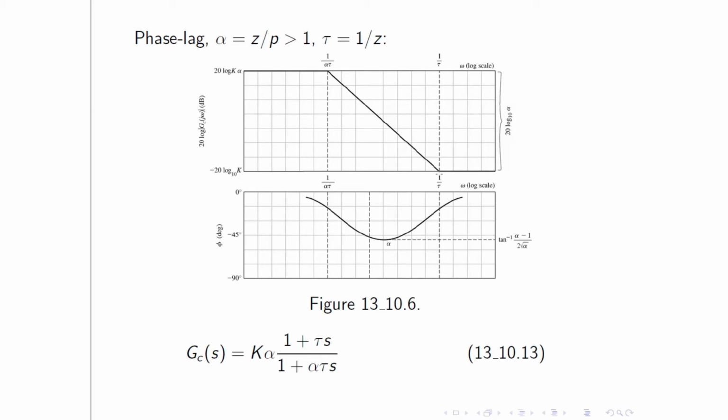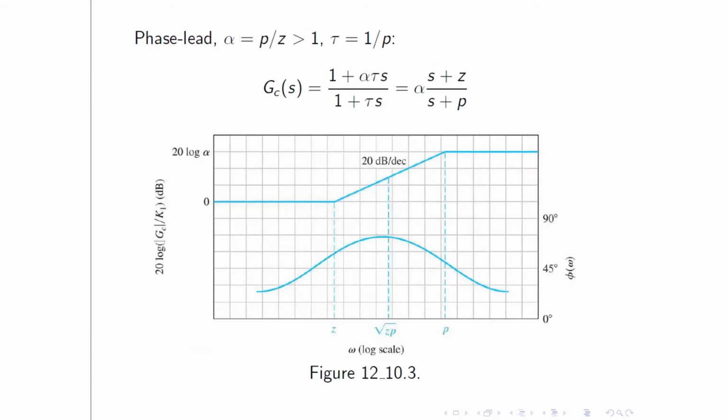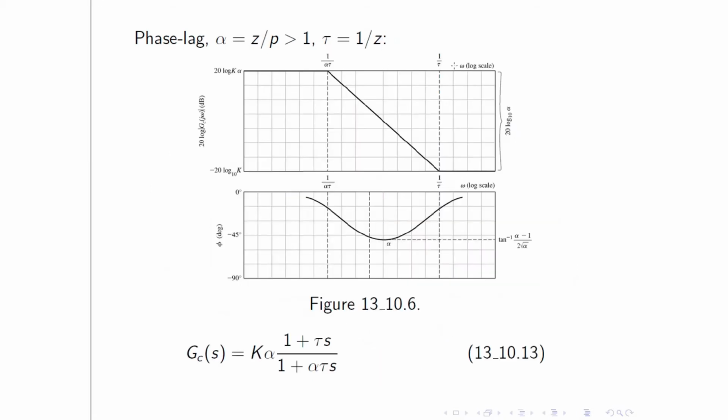Until at a later point on the frequency axis, I get to the zero, and the effect of the zero is then to bend the magnitude curve back towards a horizontal or constant value at high frequencies. So whereas the effect of the phase lead compensator was to raise the magnitude after going through the pole and the zero, the effect of the phase lag is to drop the magnitude curve as we go through the zero and through the pole to higher frequencies.